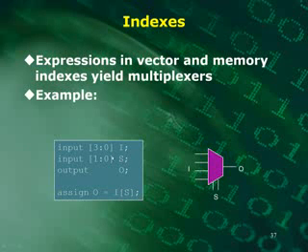These 2 bits will select one of the 4 bits of the input. If s is 0, it would select the 0th bit of i. If s is 3, or 1 1, then it'll select i of 3 for the output. That's synthesizable.